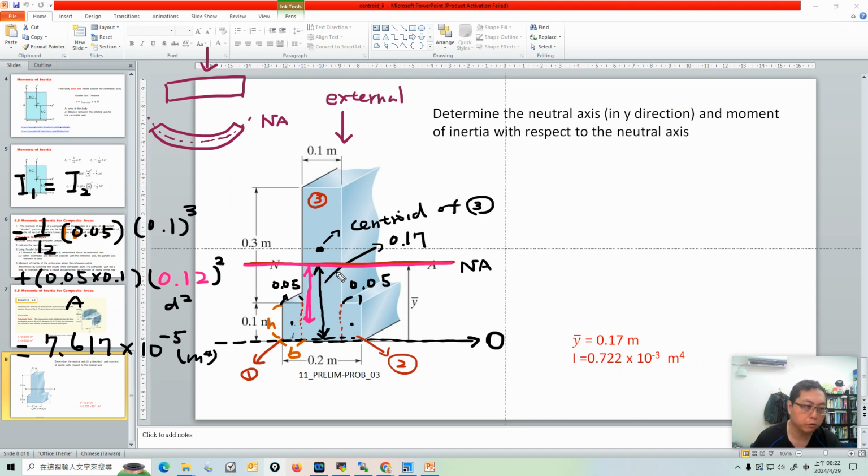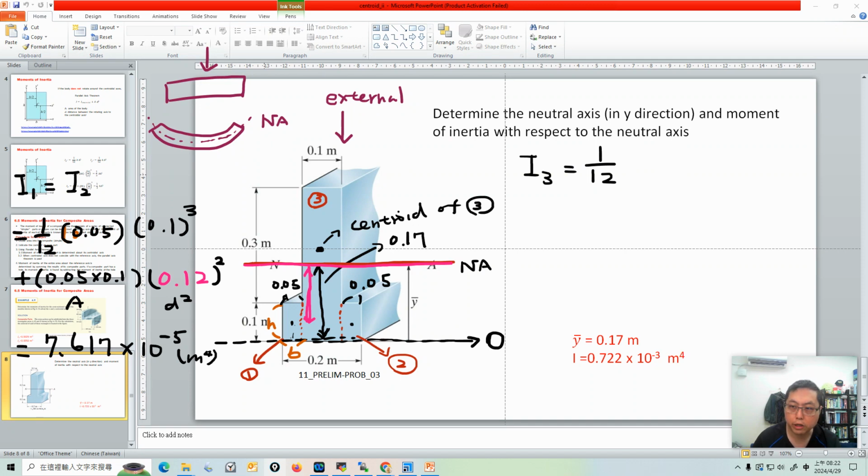So you also have to use the parallel axis theorem to calculate the moment of inertia of 3 with respect to this neutral axis. So I3, first of all, we still need to use the moment of inertia rotating around the centroidal axis. Right now the neutral axis is here.